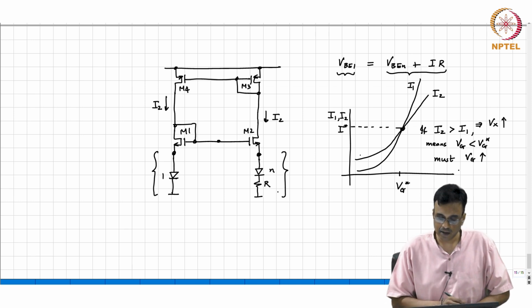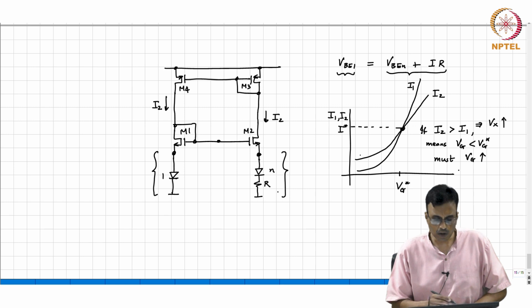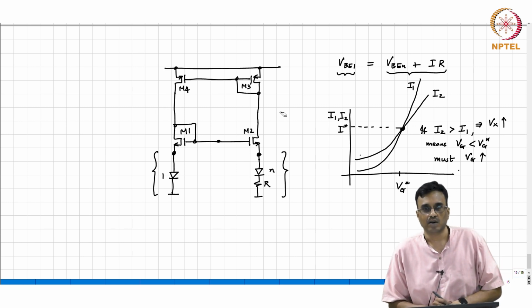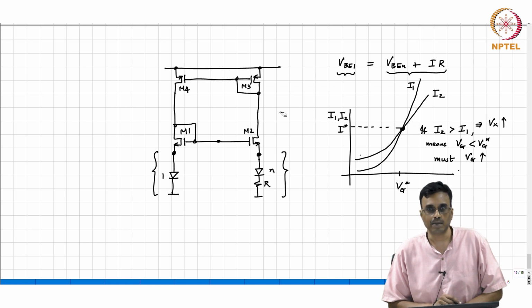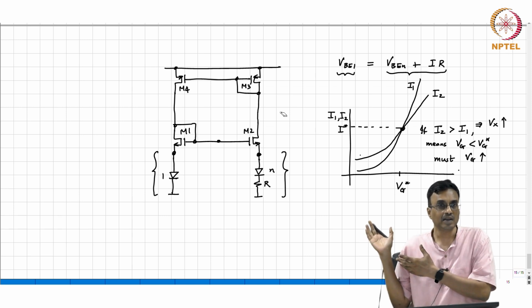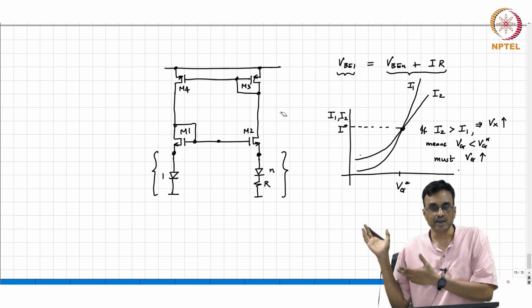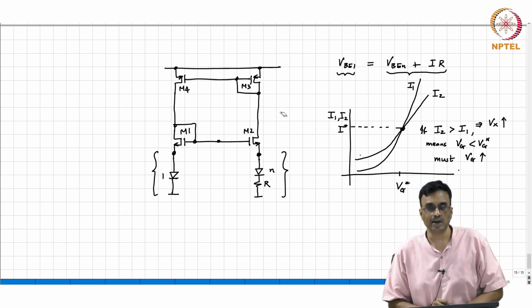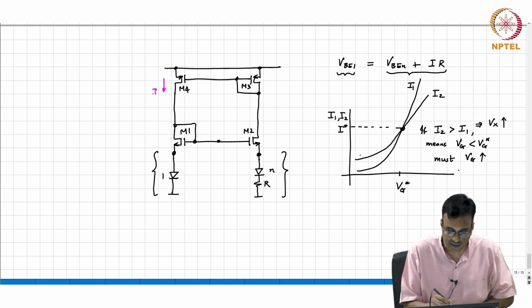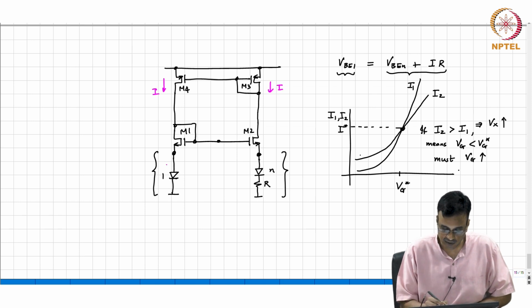Deceptively looking, and of course, if you have never seen the circuit before, the analysis is pretty straightforward. All I'm saying is that instead of wasting so much time deriving the circuit from scratch, you can as well show the final circuit and ask how you analyze it. Well, that's easy. This is I, or the same current must flow here.